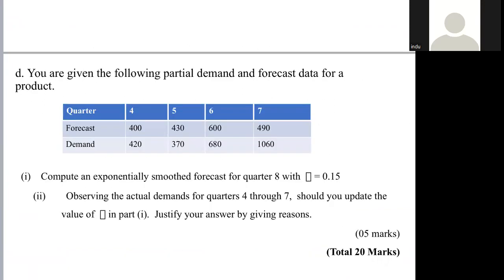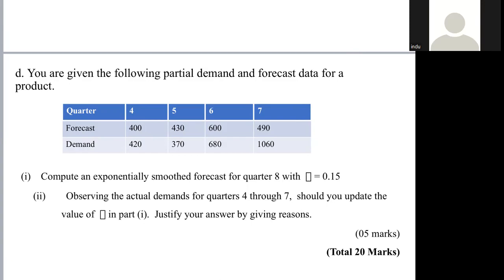You are given the following partial demand and forecast data for a product. What does the information say? They have given the quarters 5, 6, 7, and that is the time period.